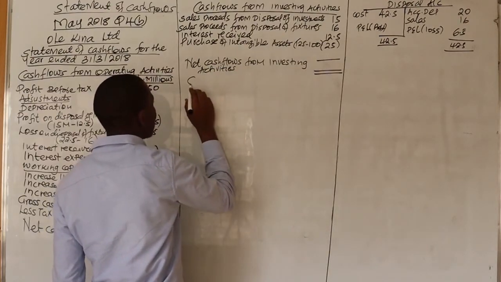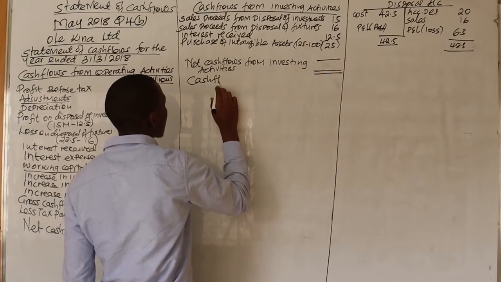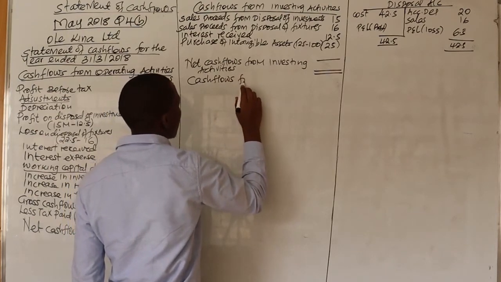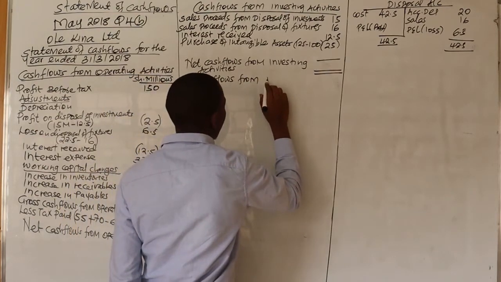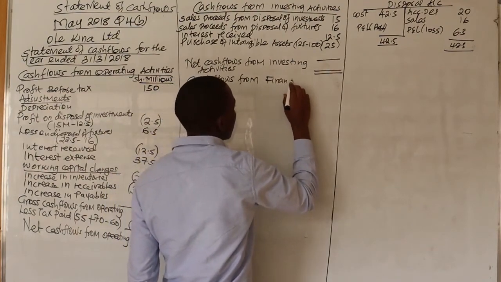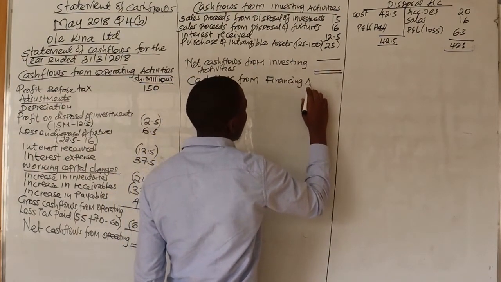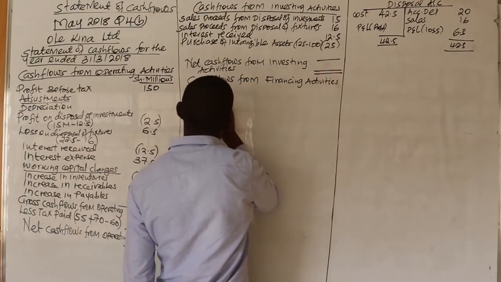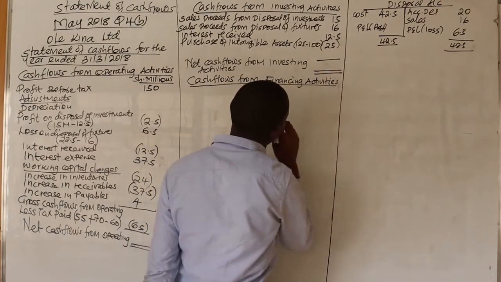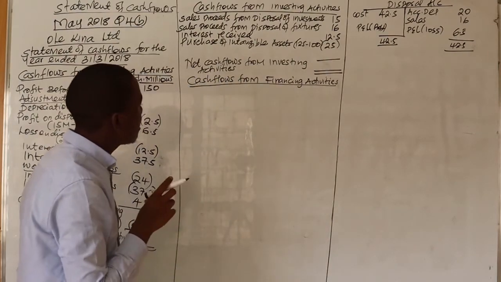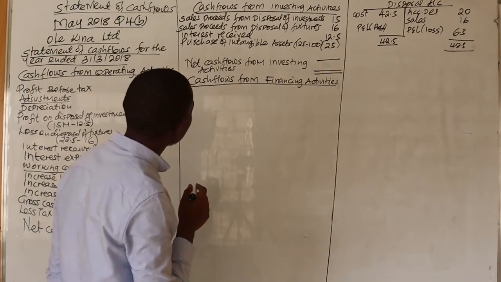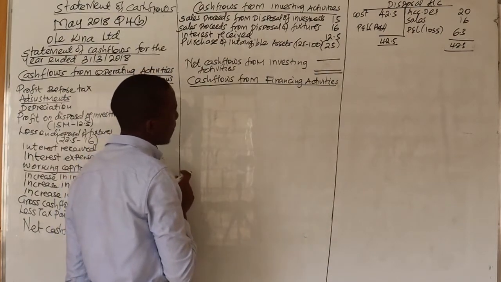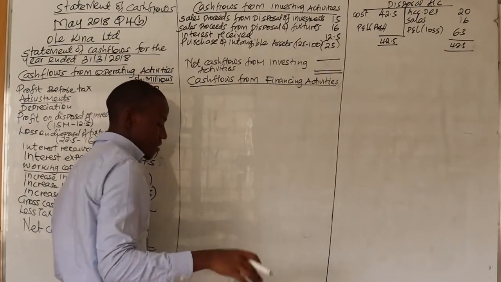Now the last one is the cash flows from financing activities. Cash flows from financing activities. Now, in this case, we can have the shares.